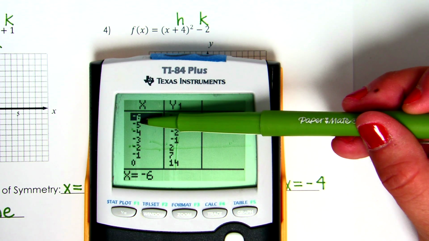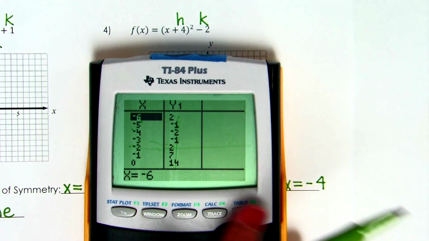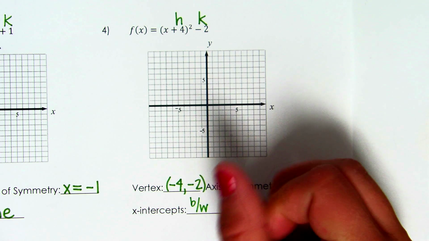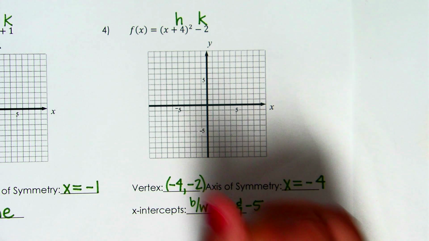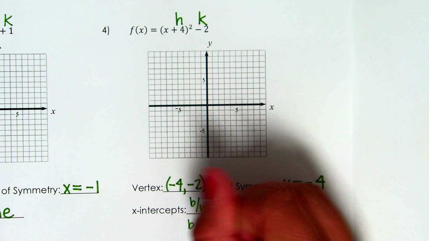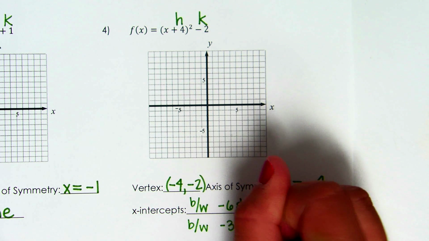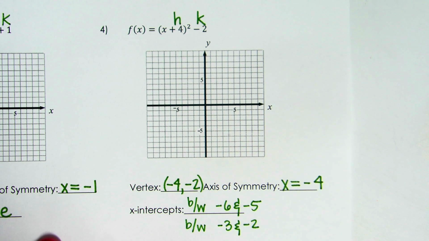So between -6 and -5, and between -3 and -2. And that's exactly how we're going to write it. I have them between -6 and -5, and I have the second one between -3 and -2. And that's going to give me a good enough idea of where the graph is.